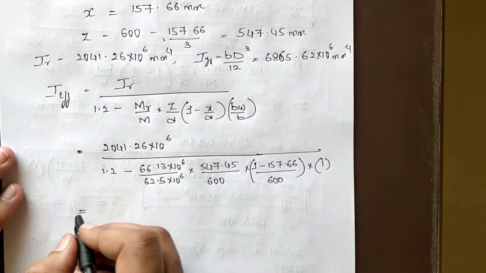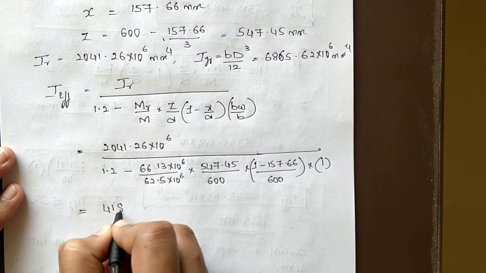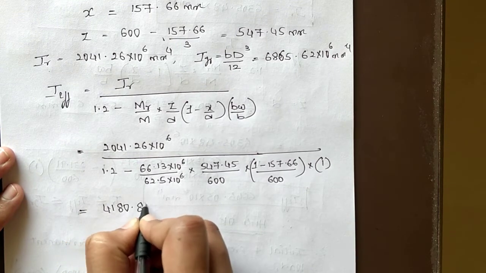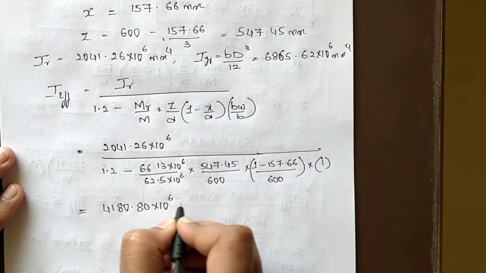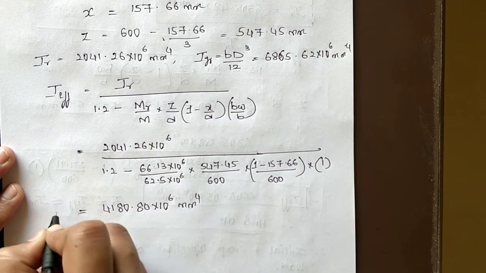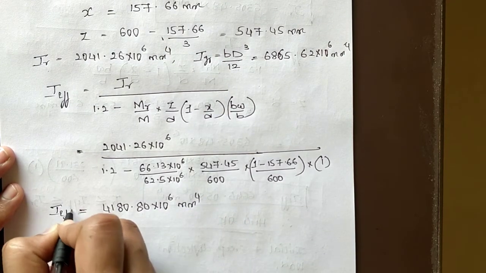Then you will get I effective as 4180.80 into 10 to the power of 6 millimeter to the power of 4. This is what your I effective.